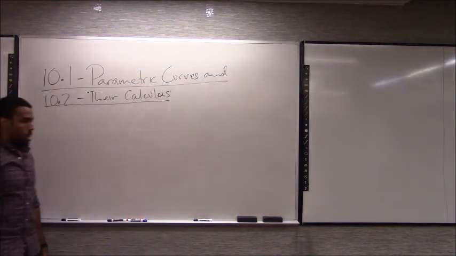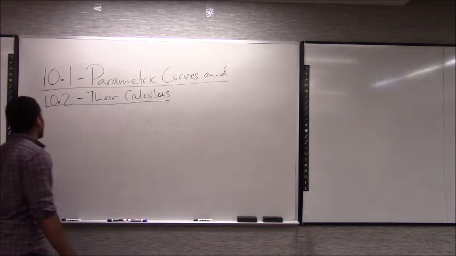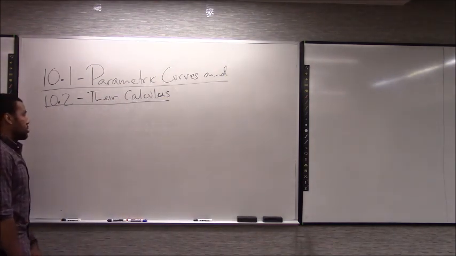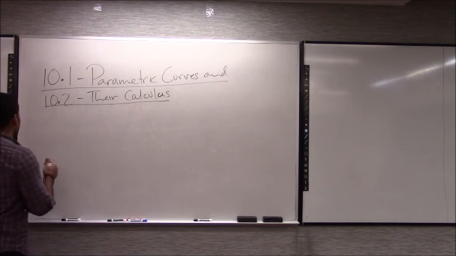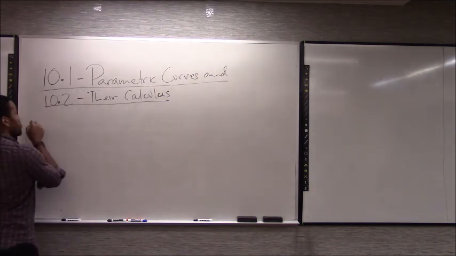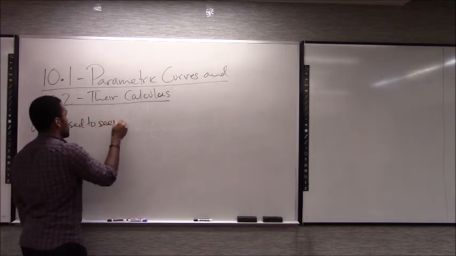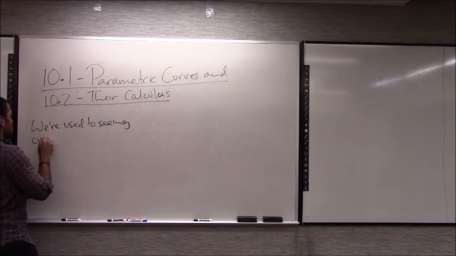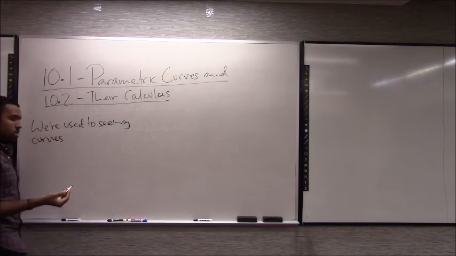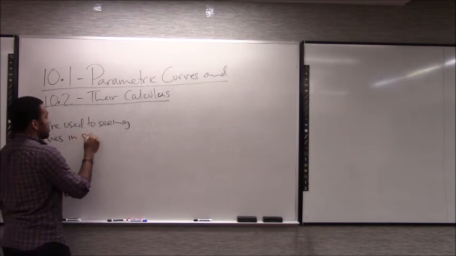Okay, so let's talk about what these guys are. We're going to kind of segue from these guys into something I think is pretty cool, called polar coordinates, but let's get there one step at a time. We're just seeing curves. So curves is when we have an equation, but we're thinking of it as a graph in scalar form.